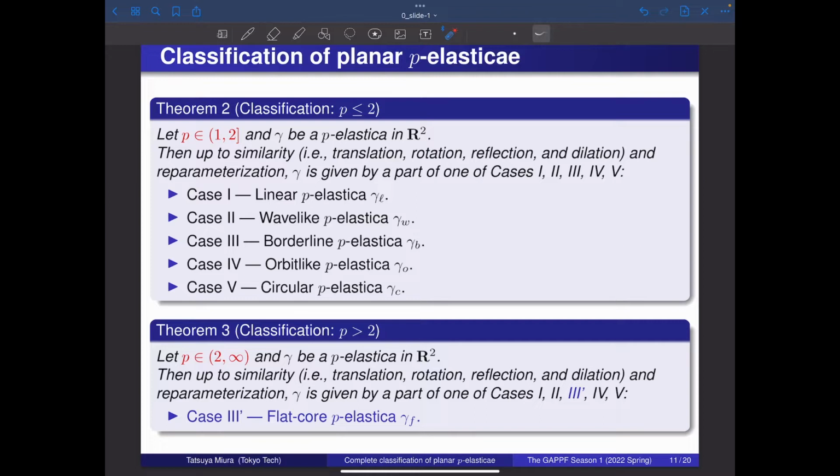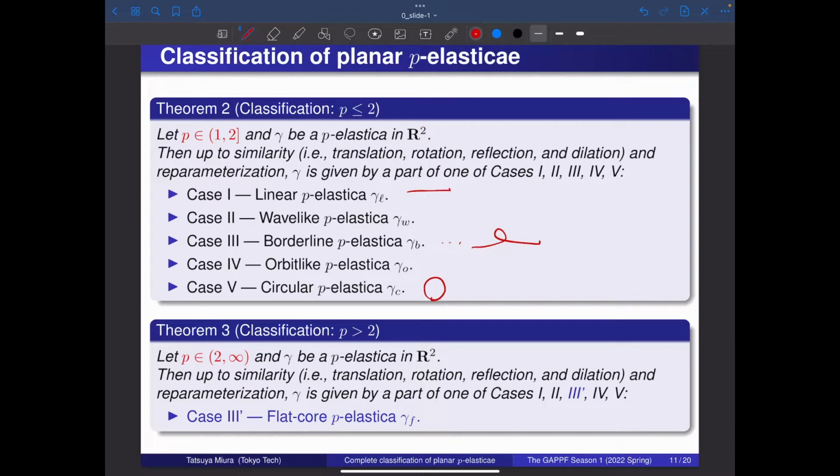In this case 3, we have some kind of special curve, which is called borderline p-elastica, and this looks like just an infinite length one-loop curve. Okay, so this is a line and this is a circle. In this case, we have just one loop.